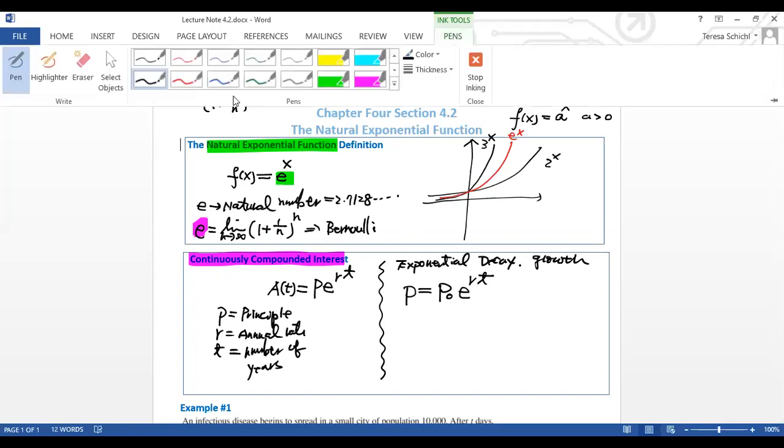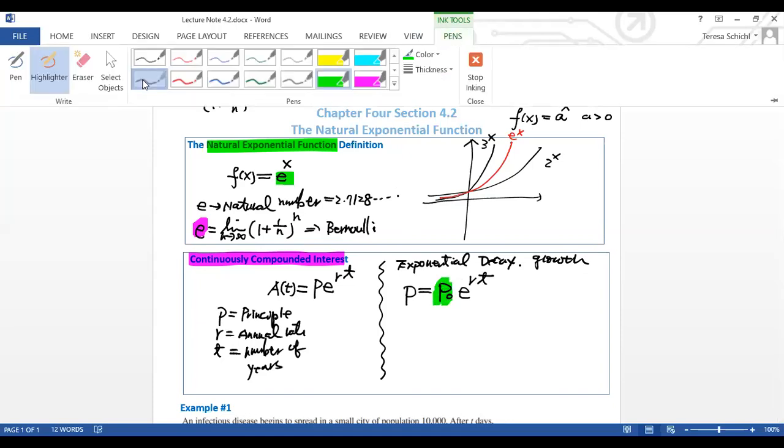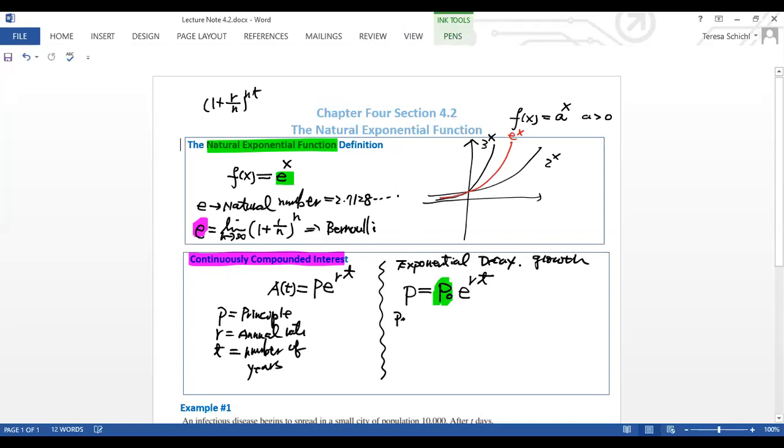So it's not the interest anymore, but it's the same formula. This P0 is similar to the principal. That is your initial population value, right?